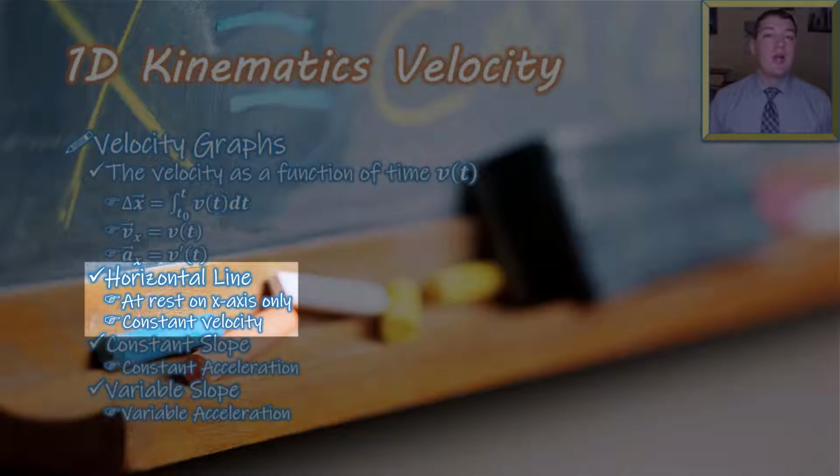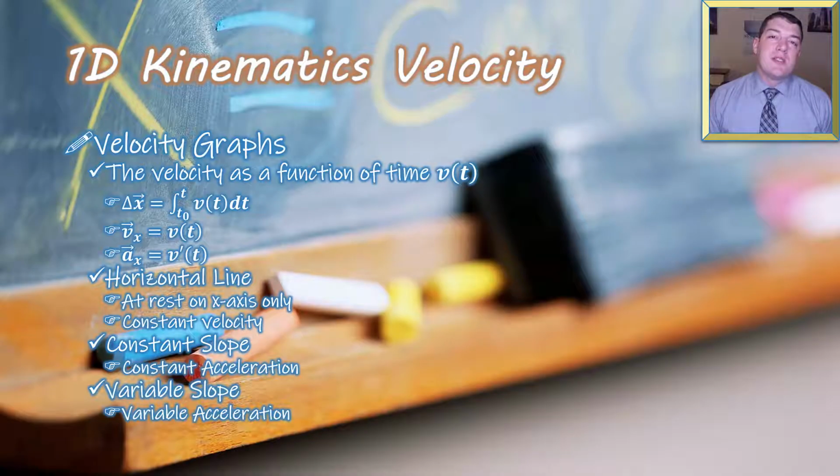A horizontal line only represents a lack of motion when it's along the x-axis, when the velocity is 0 for that time period, because in order to not be moving you must have a 0 velocity. If you have a horizontal line anywhere other than along the x-axis, then you're in motion. If it's above it you're moving in the positive direction, and if it's below it you're moving in the negative direction. So it's one of the key features to be able to look at on a velocity-time graph.